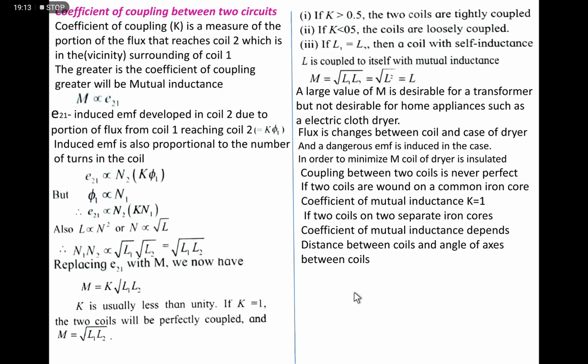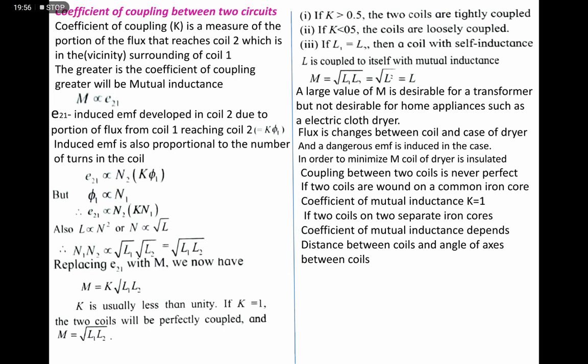If two coils are on two separate iron cores, the coefficient of mutual inductance depends on the distance between the coils and the angle between the axes of the coils. The mutual inductance depends on the distance between the coils. If they are wound with non-conducting material, the mutual inductance is minimized.